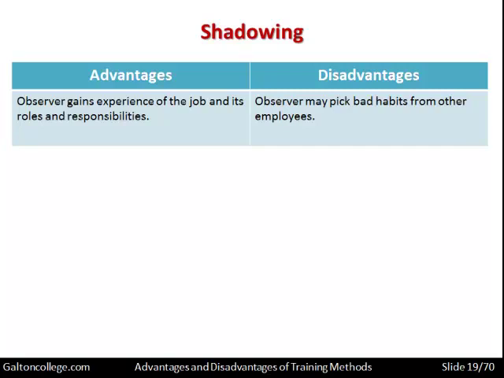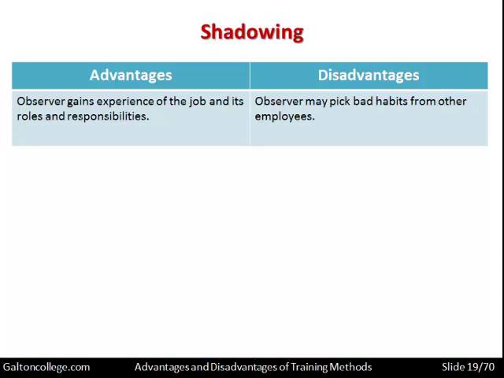However, as I said again earlier, the observer may pick up bad habits from the other employees. In fact, the observer may pick up bad habits from the person being observed, from the expert. The expert may have found shortcuts that suit him or her, but may not suit everyone.